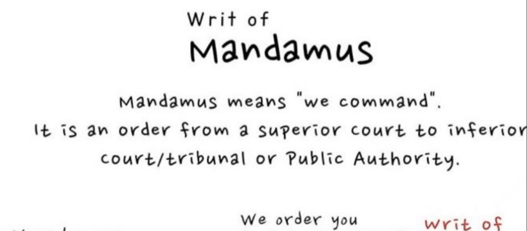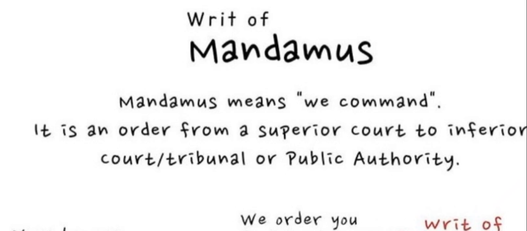Some tribunals and public authorities also come under the state. So this is all about mandamus. Why are they commanding? It means the court commands an inferior court or public official to perform his official duties.